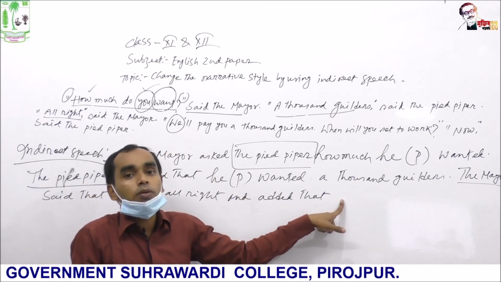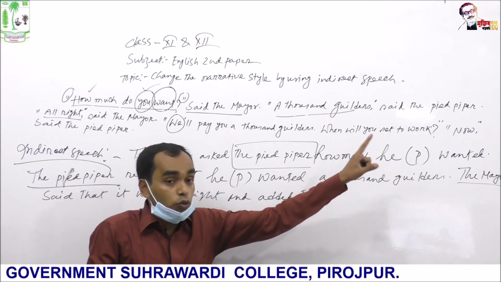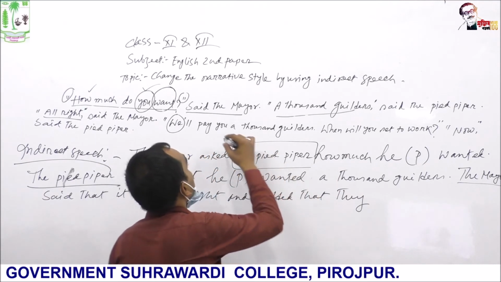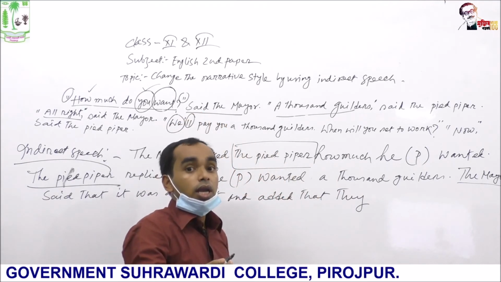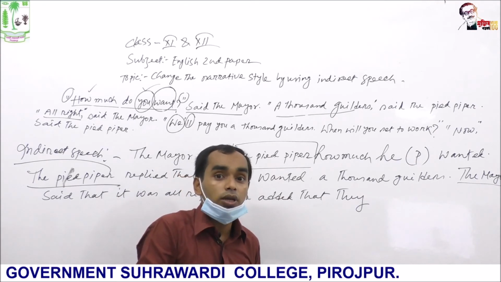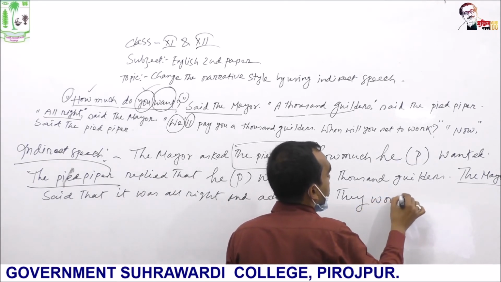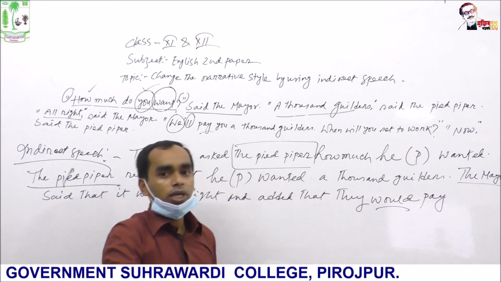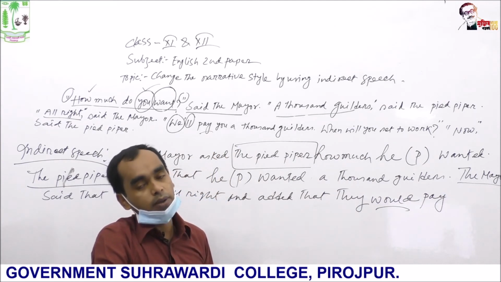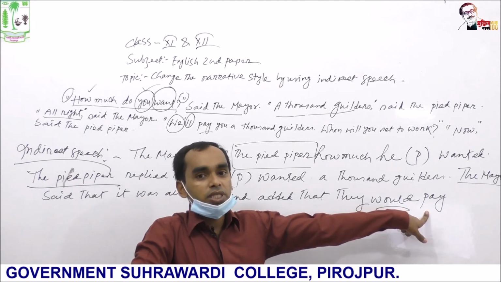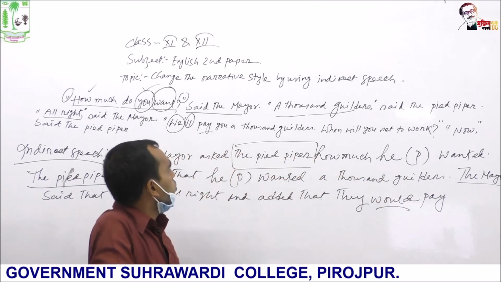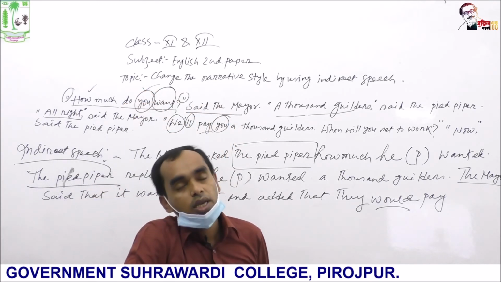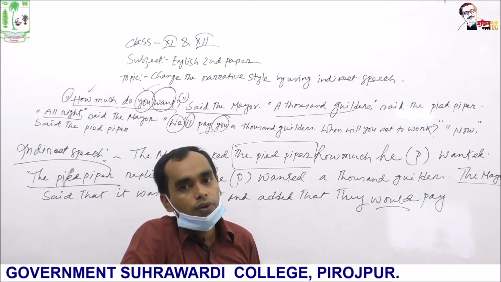So we have to write the plural pronoun. The correct plural pronoun will be they, and after they we have to use will, and what will be the correct past form of will? Would. Okay. Would pay. After would we have to use the base form of any verb. So we have written the base form, and you is second person, and second person will be changed according to the object of the reporting verb.